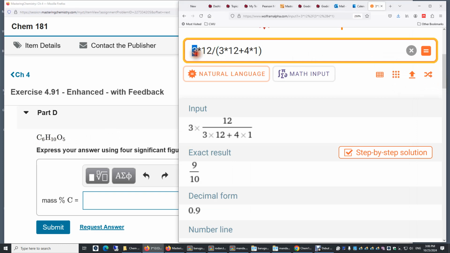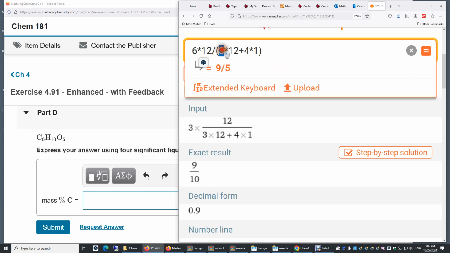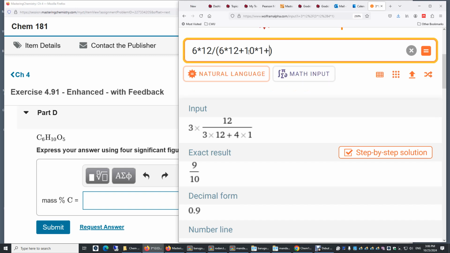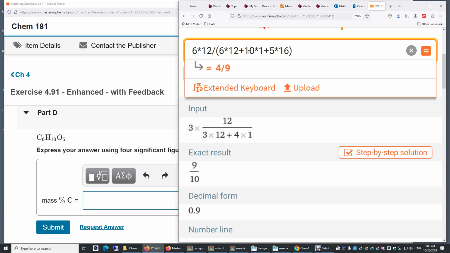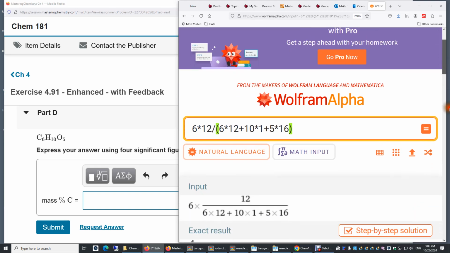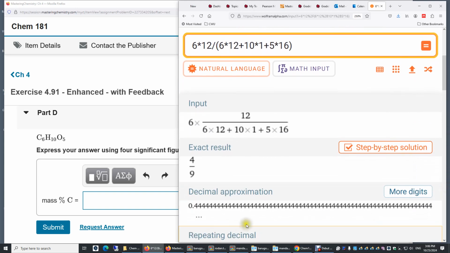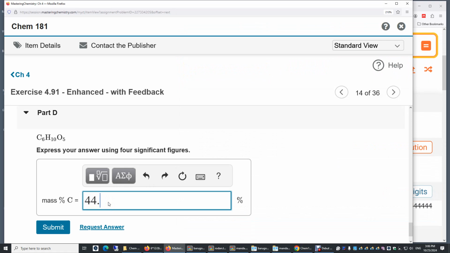So I'm gonna just change this to 6 moles of carbon and 10 moles of hydrogen, plus we have 5 moles of oxygen. Oxygen has a molar mass of 16. Let's see, we get 44.44. Right, submit.